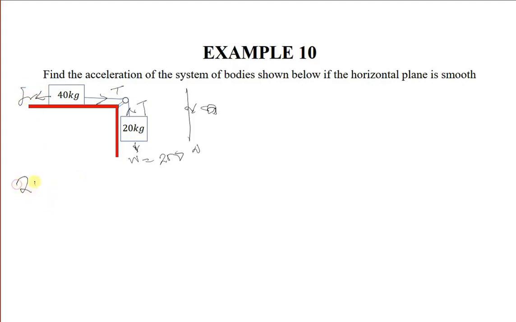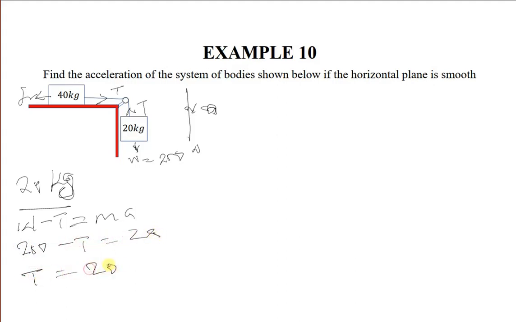So for the 20 kg body, we will have weight minus T equals MA. So what is the weight? 200 minus T is 20A. So T will be 200 minus 20A. So that will give me equation 1.